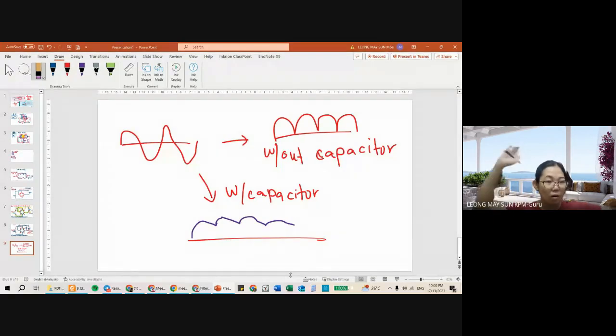It's always on all the time, even though our power supply is actually an alternating current power supply. All right. And hence, that is the full wave rectification. Okay. Clear? Yes. It's better to use a full wave together with a capacitor.